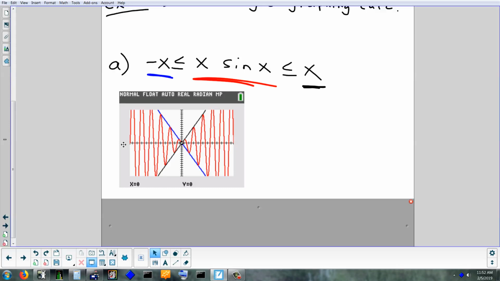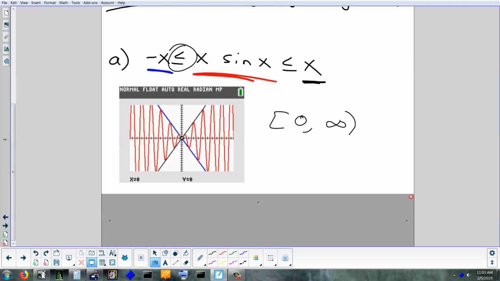If you start at 0 and you head to the right, the graph in red is above the blue, but it's below the black. Now, can I equal 0, or should I put a parenthesis? I can equal it. It's okay for it to equal. How about infinity? You can't equal infinity. So if you look at any x value from 0 and up, it'll fit that condition.